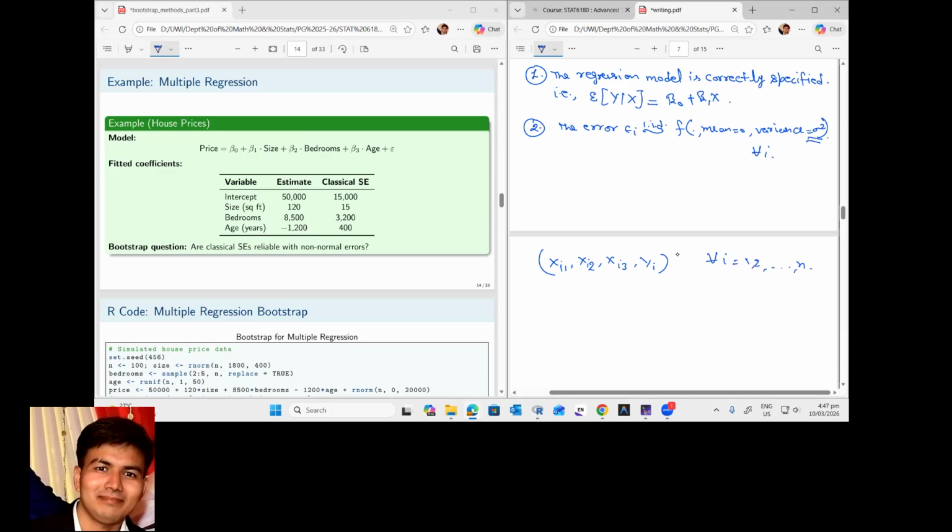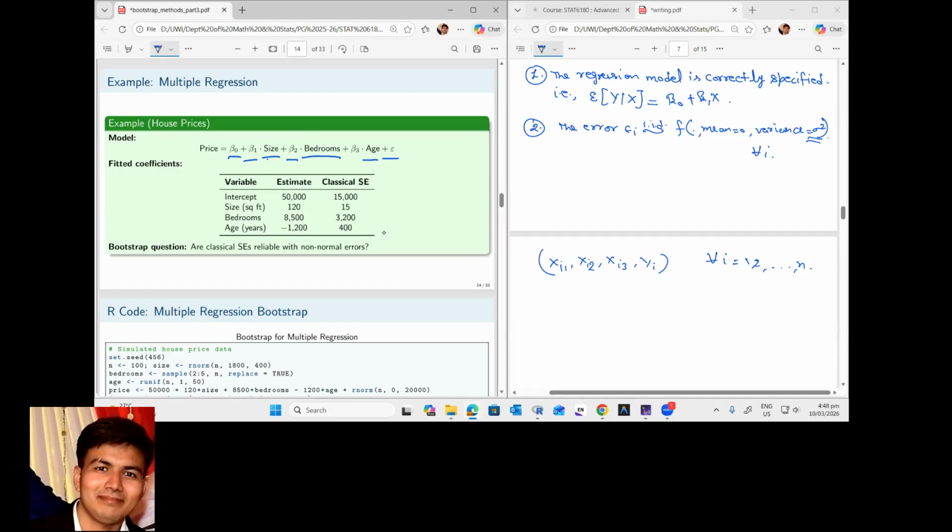So they have given us a model where house prices are given: price is beta naught plus beta 1 times the size of the house plus beta 2 times the number of bedrooms in the house plus beta 3 times the age, meaning how old the built house is, plus the error. This is the model.